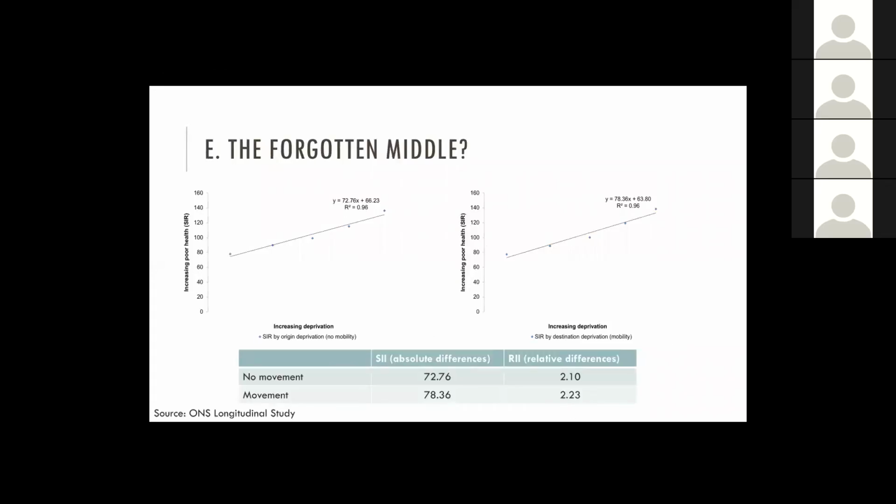Now, last but not least, is this effect just going on at the extremes, or can we actually see something more going on across the whole population?